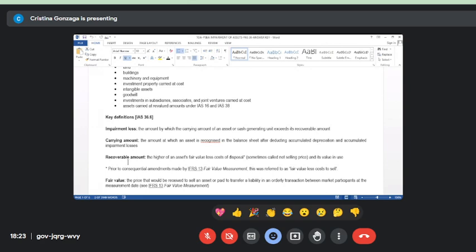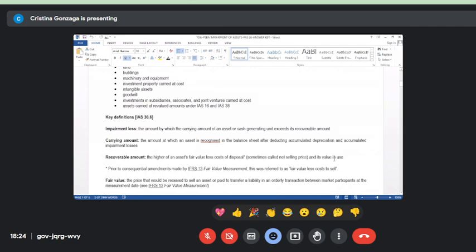Now, in this case, recoverable amount is the higher of an asset's fair value less the cost of disposal. Pag sinabi nating fair value minus cost of disposal, i-compare natin yan doon sa value in use. So later on, you will know, ano ba ibig sabihin ng value in use?